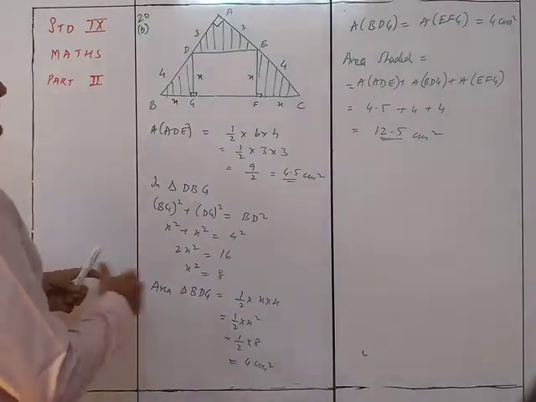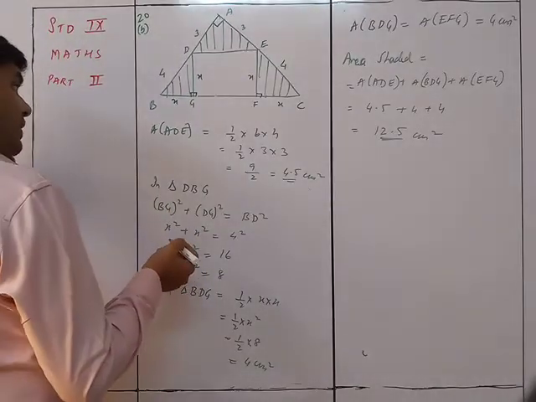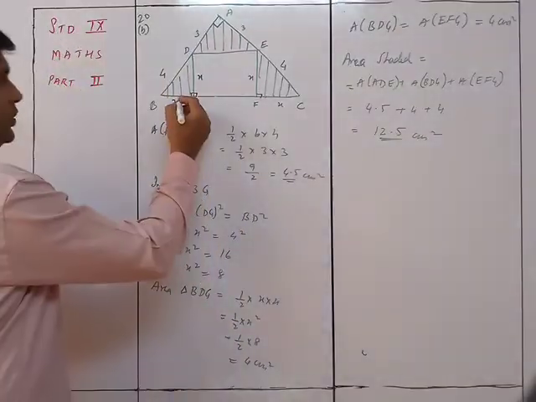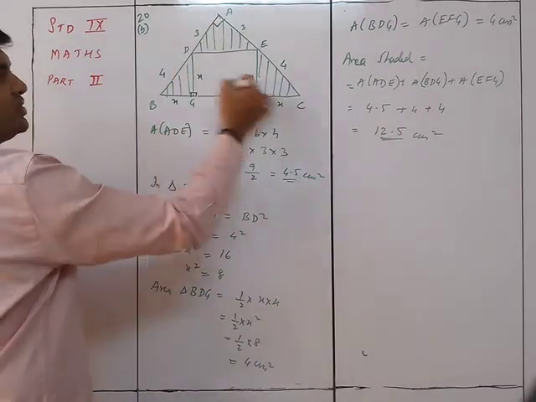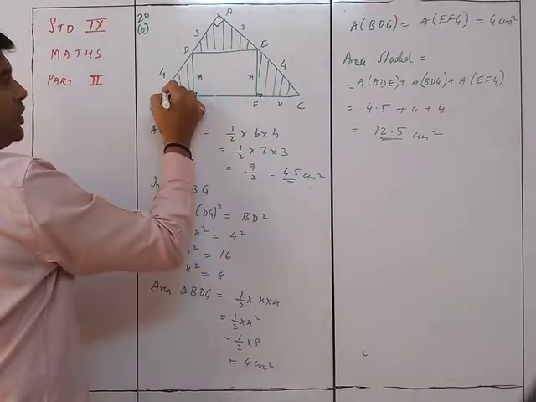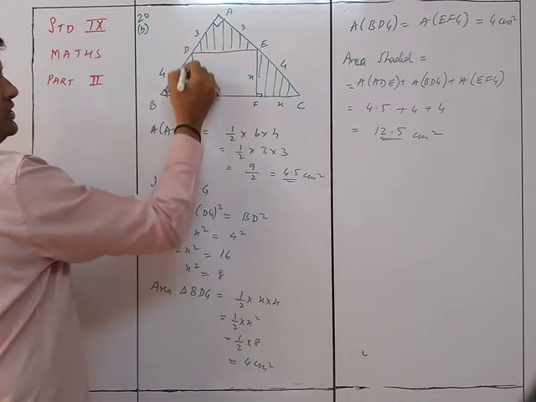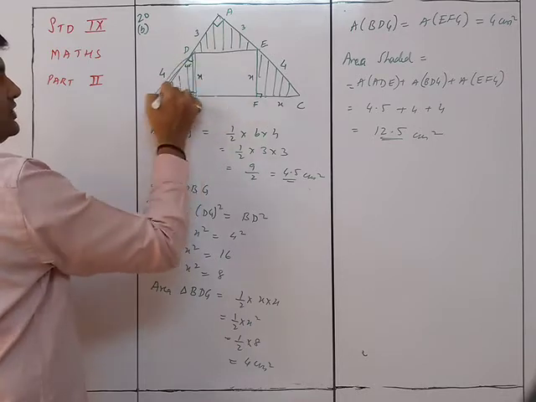Now the question would be, I know what you'll be thinking is why we took this as x and this as x. Remember this thing, that this was an isosceles right angle triangle. So this is going to be 45 degrees and this is 90 degrees. So this will also be 45 degrees. Accordingly this triangle is an isosceles triangle.